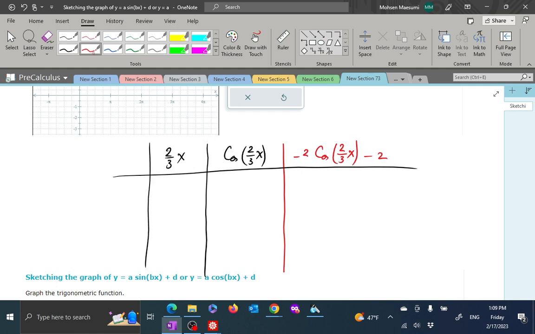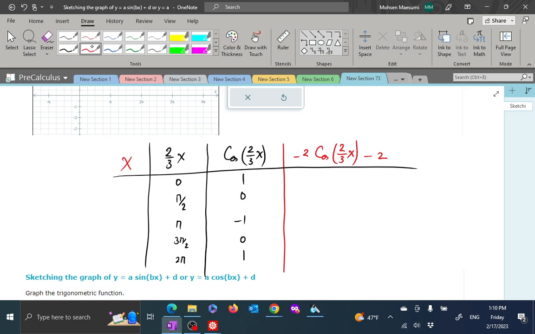And then we want x, and perhaps we want a cleaned up version of x. So we go again 0, pi/2, pi, 3 pi/2, 2 pi, cosine 1, 0, minus 1, 0, 1.